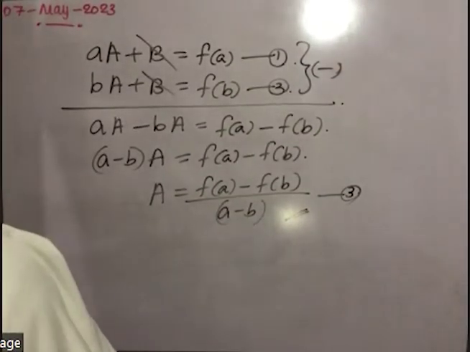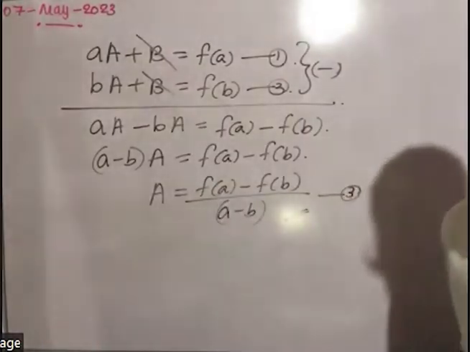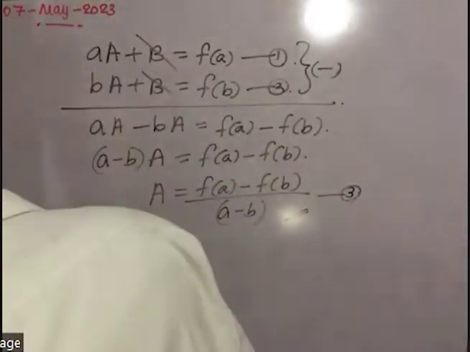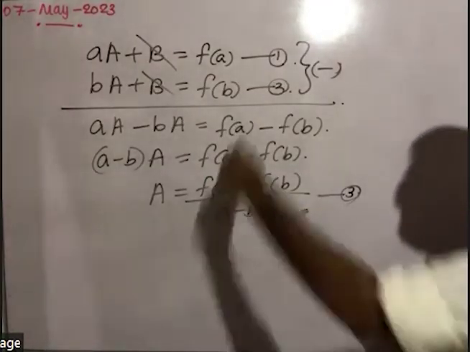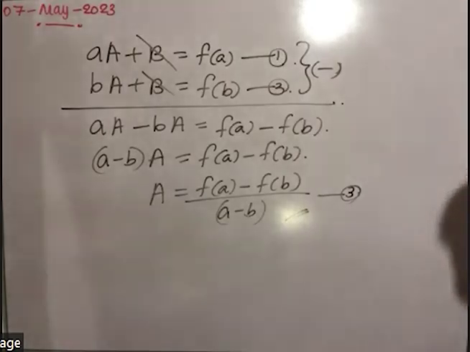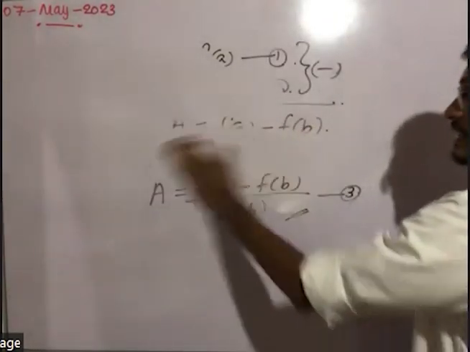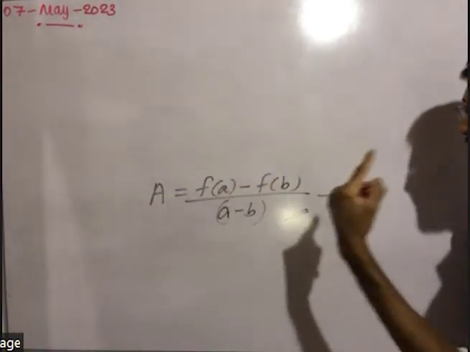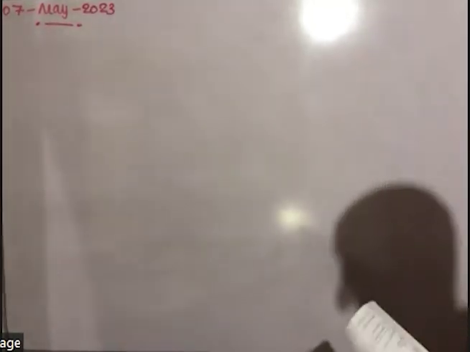In the same way we can find the value of capital B, using number 1 and number 2. We got that capital A is equal to FA minus FB over A minus B. Now look at this.